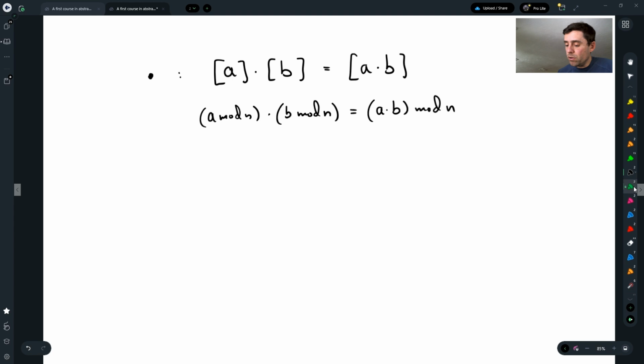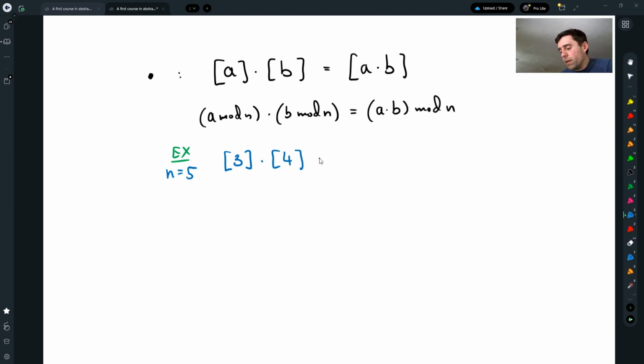And for example, that tells me that, let's do again the same example we had before. So if N is 5, the class of 3 times the class of 4 will be the class of 12. And the class of 12, 12 is 2 plus 10, which is a multiple of 5. So this is the same as the class of 2.